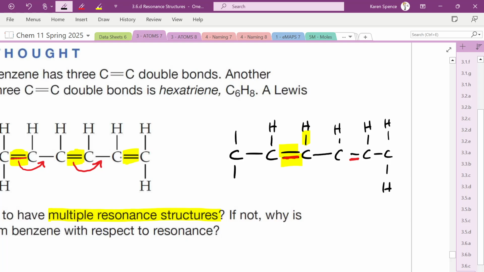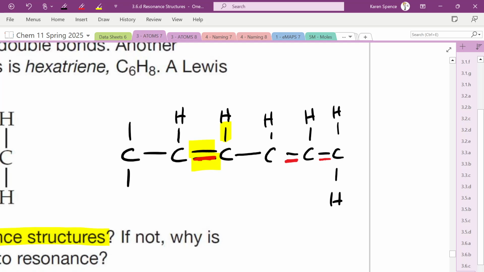Now, this bond here, can we still have a double bond there? Would that be okay? How many electrons would that carbon have? How many bonds are attached to the yellow carbon? 5 bonds.